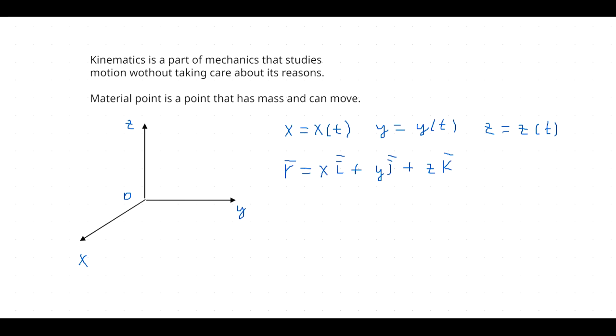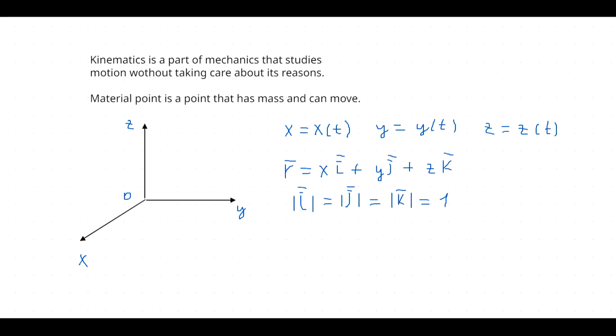They have the following properties. The modulus of i is equal to the modulus of j, and it's equal to the modulus of k, and this is equal to 1 unit. So i, j, k are unit vectors or orts.